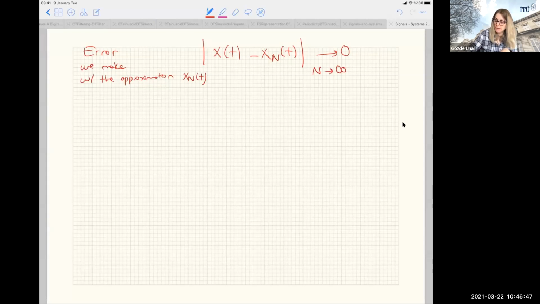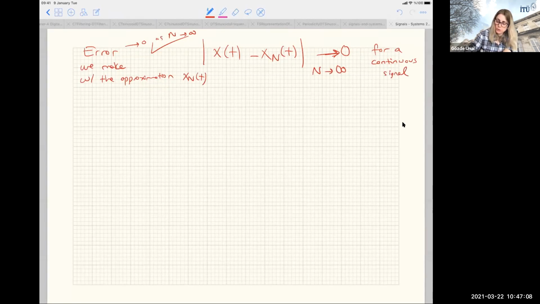That's the idea. Okay. This is valid, by the way, guys, for a continuous signal. I mean, this error goes to 0 as N goes to infinity, as I increase the number of coefficients I have for a continuous signal.